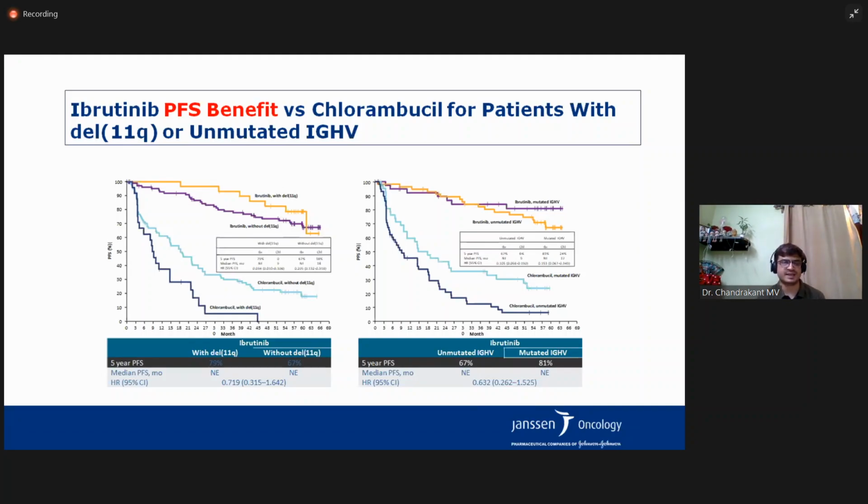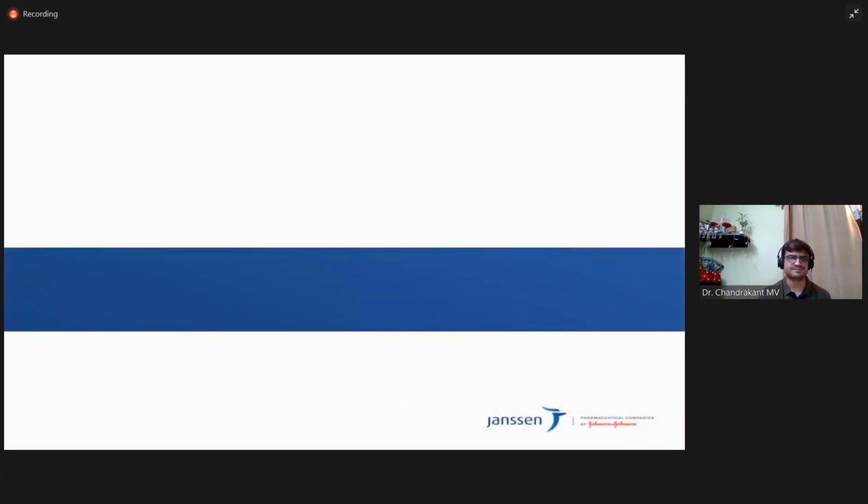So these negative prognostic indices like deletion 11q or IGHV unmutated are all counteracted and balanced by ibrutinib, in contrast to chemotherapies like chlorambucil or monoclonal antibodies.